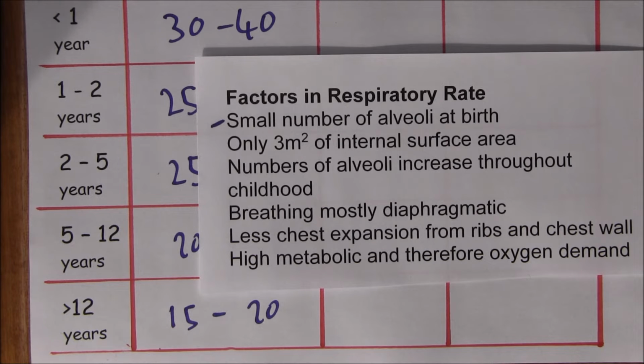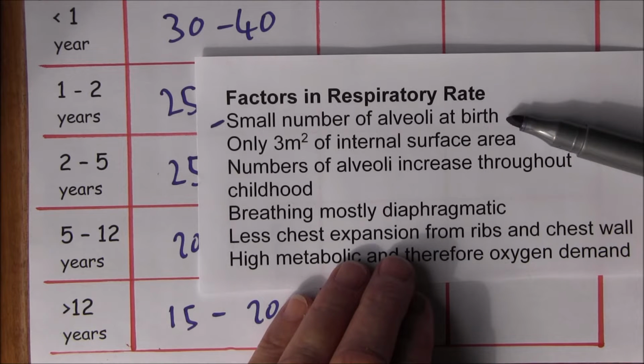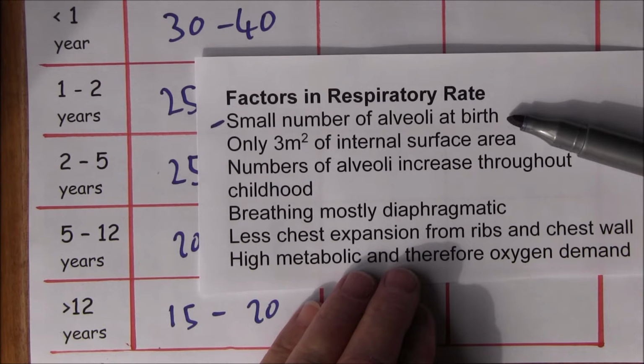The adult value is about 300 to 500 million. So we're starting off with 10 million alveoli, the air sacs over which gaseous exchange takes place, and by adulthood that's gone to 300 to 500 million over both lungs. A massive increase in the number of alveoli.